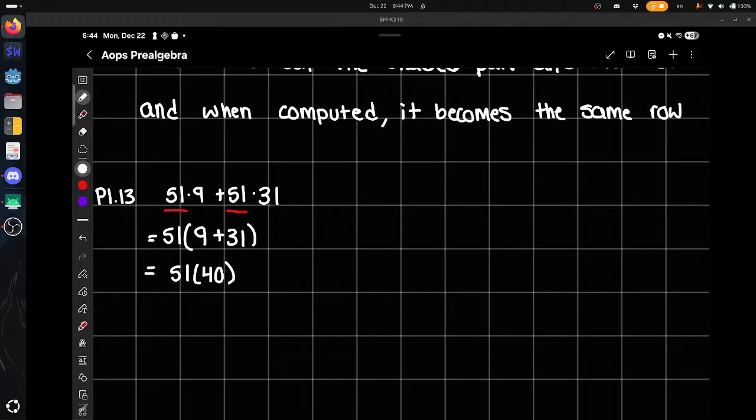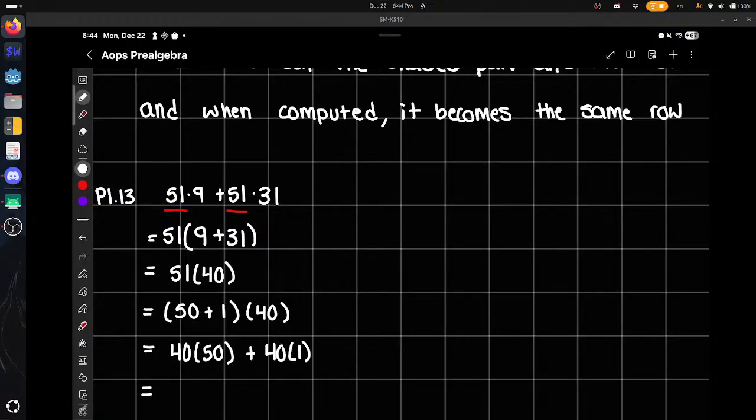That math is too hard to do in my head. So what can we do? We can break the 50 apart and distribute the 40. Okay. So this becomes 40 times 50 plus 40 times 1.